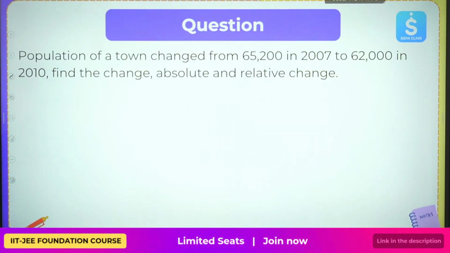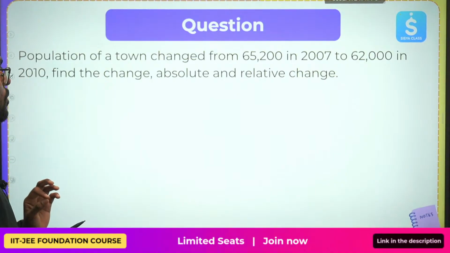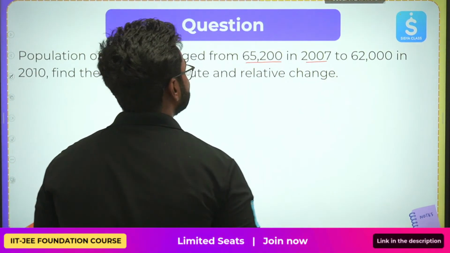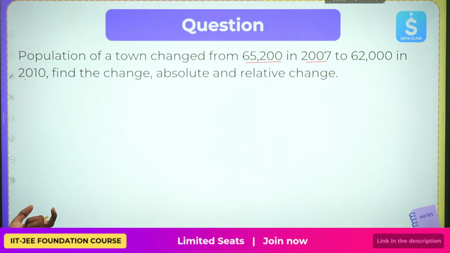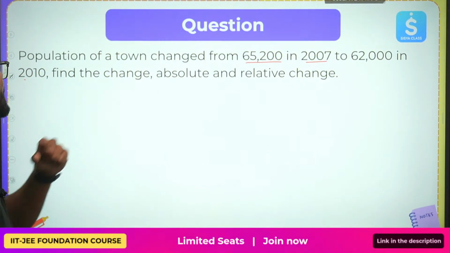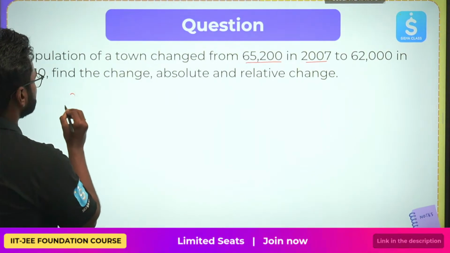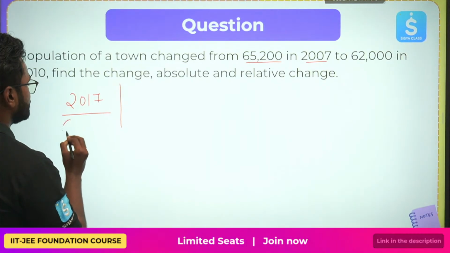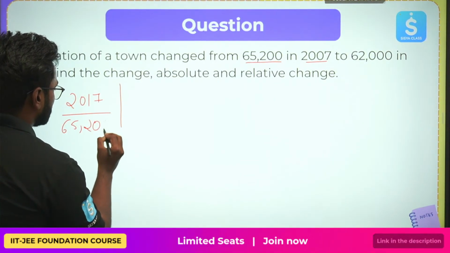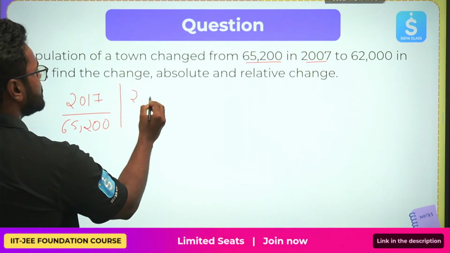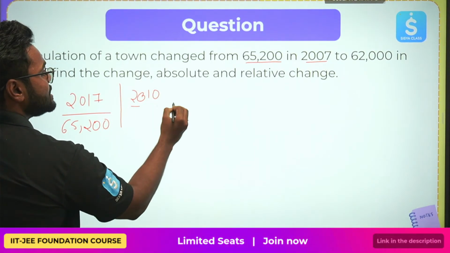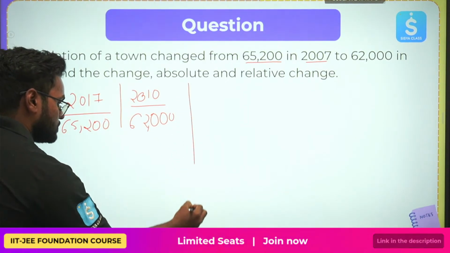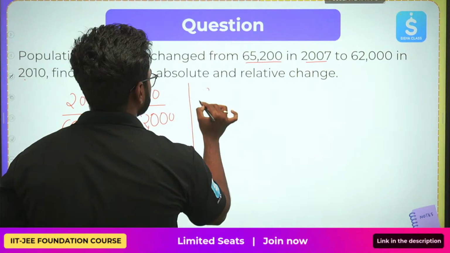Let's continue. Now let's solve this question. Population of a town changed from 65,200 in 2007 to 62,000 in 2010. Find the change, absolute and relative change. Let us find the change. In 2007, the population was 65,200. In 2010 it was 62,000.